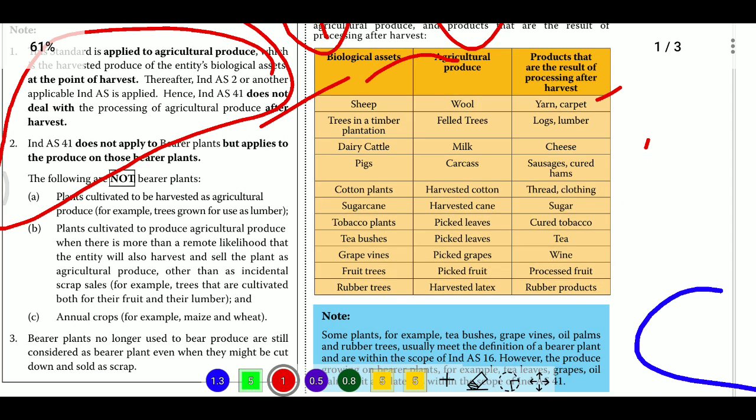Trees in timber plantations, felled trees, logs or lumber. Dairy cattle, milk, cheese. Pigs, carcass, or cured hams. Some examples were provided there. This is the properties of agriculture, Ind AS 41.